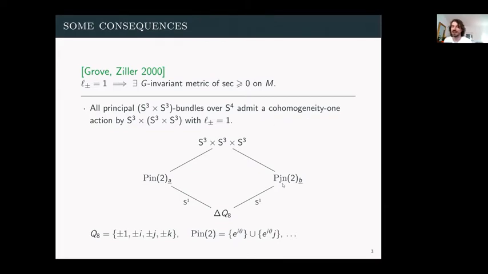In the end, you spread the quaternion 8 group across all 3 factors by taking the diagonal subgroup, and you spread the Pin 2 and Pin 2 groups into the other 2 factors by allowing some slope in the circle. Okay, and I'll tell you more about the slopes in a moment, but for the moment, all you should remember is that we maintain codimension 2 singular orbits, and we have this group diagram.